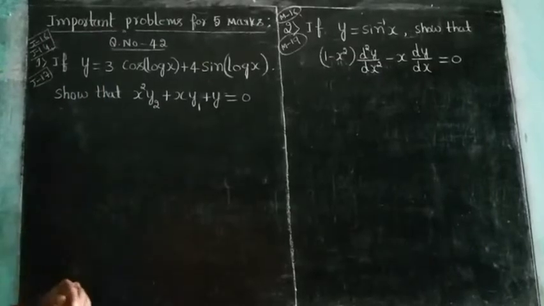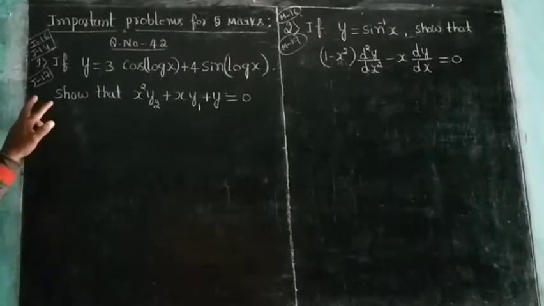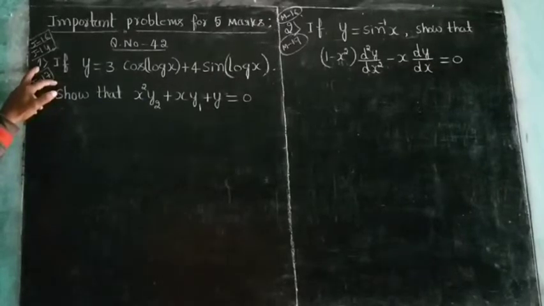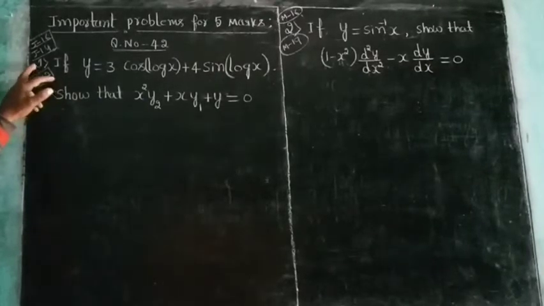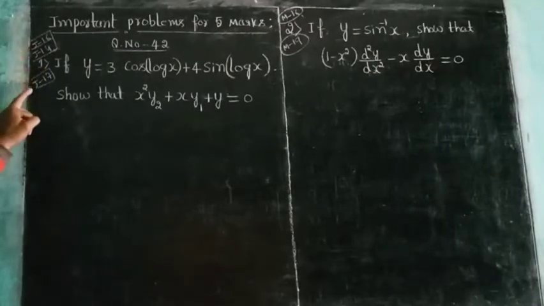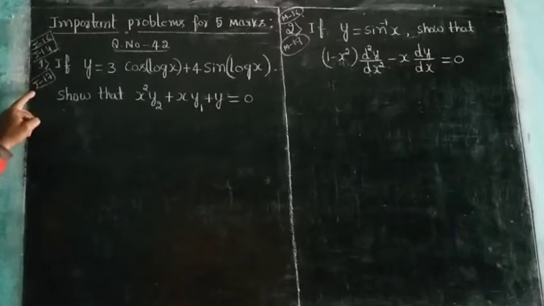In the first question, question number 1 appeared in your question paper 3 times: June 14, June 16 and June 17.